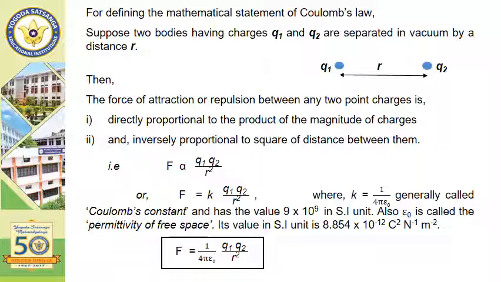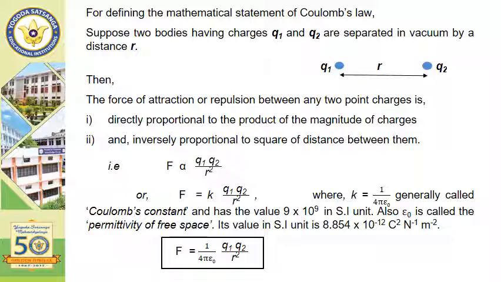Secondly, the same force of attraction or repulsion between two charges is inversely proportional to the square of the distance between them. And mathematically we may write F proportional to 1 upon r square. Combining both the relations, we get the formula F proportional to Q1 Q2 upon r square.